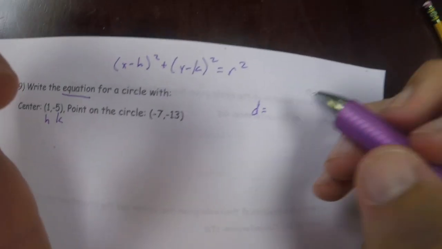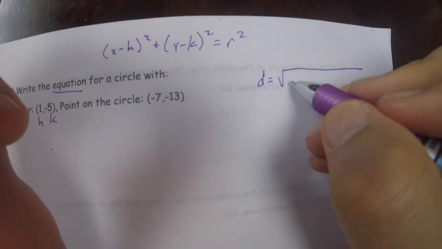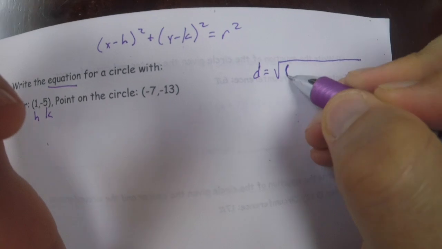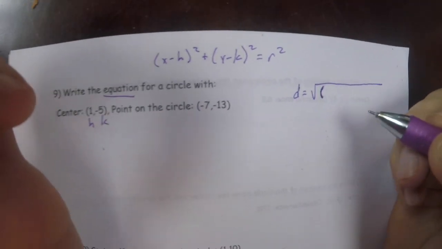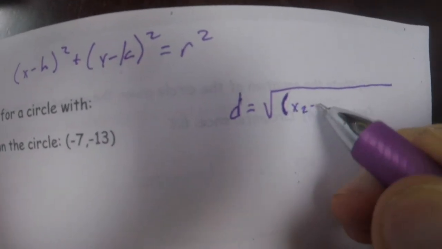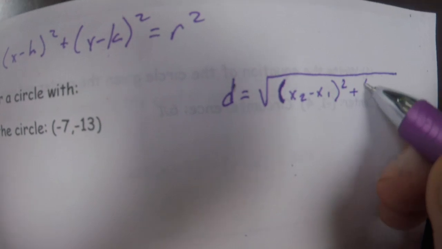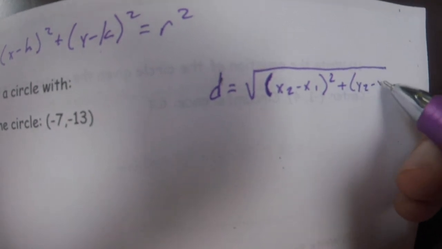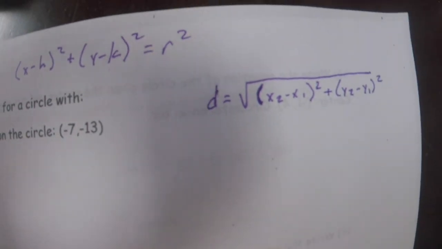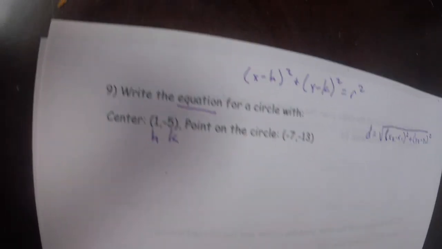The distance of a line segment is the square root of x2 minus x1 squared plus y2 minus y1 squared. Now, what's my x2 and my x1 and my y2 and my y1?